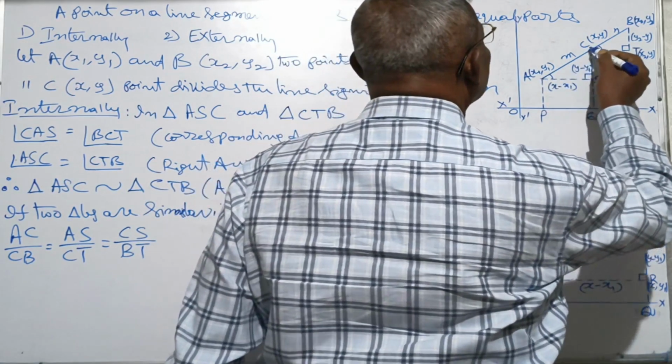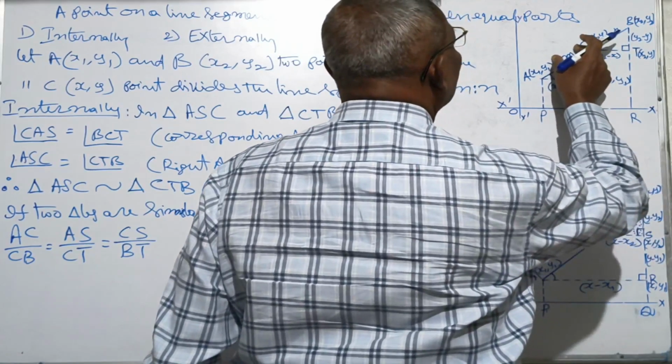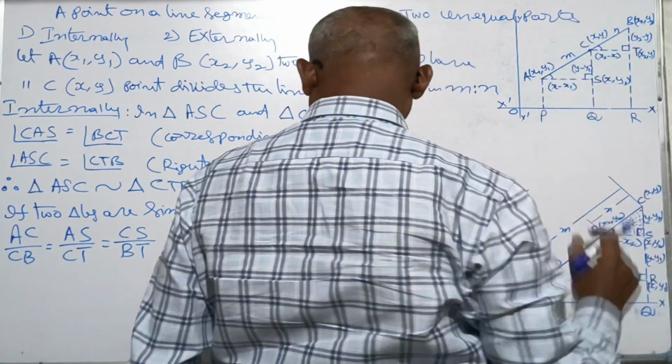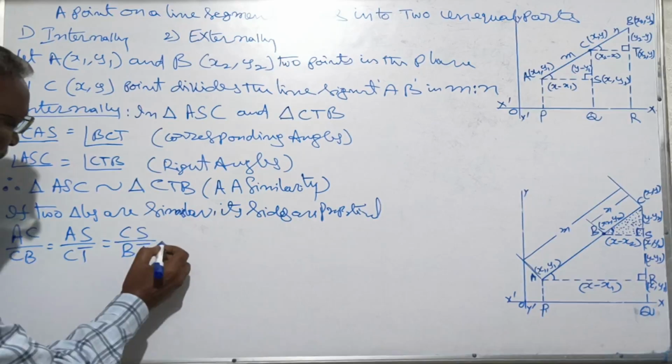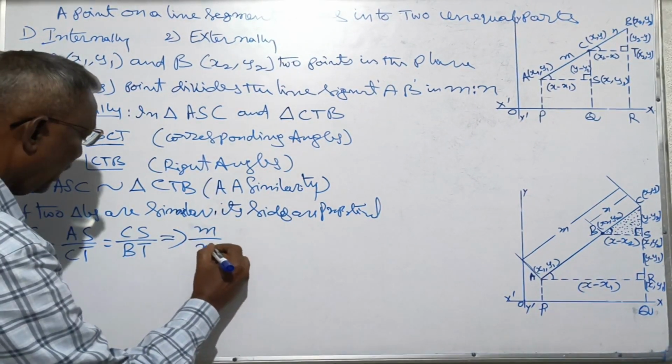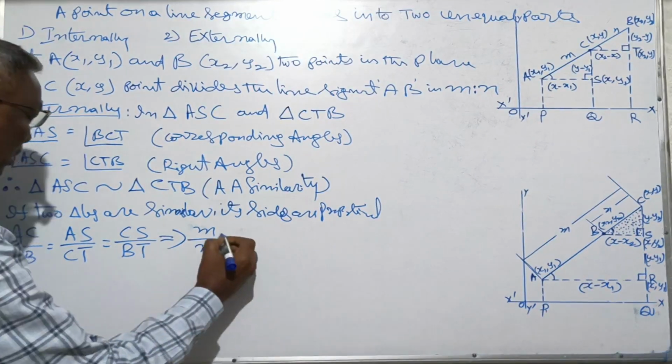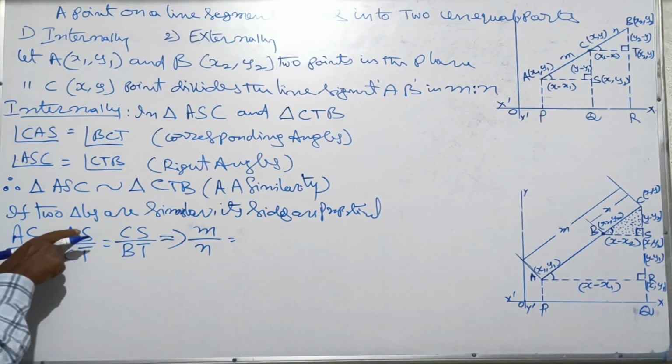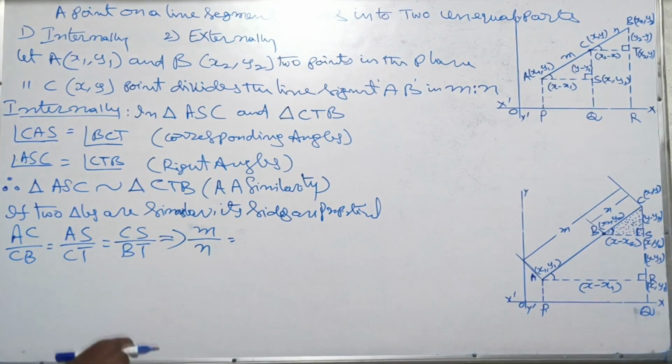Here, AC is the ratio M, and CB is N. So AC by CB means M by N, that is equal to AS by CT.